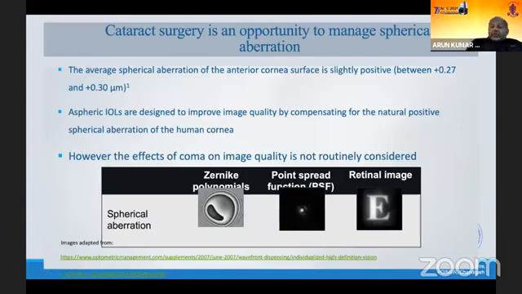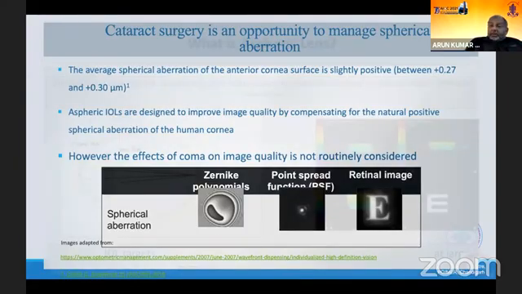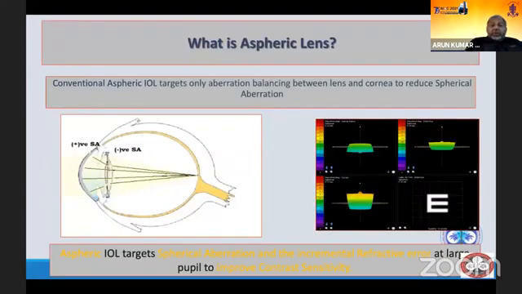But the effects of coma on image quality are not routinely considered while doing an IOL or a phaco surgery. As we can see in this cartoon, the conventional aspheric IOL targets only aberration balancing between lens and cornea to reduce the spherical aberration, so as to improve the quality of vision as well as the contrast sensitivity.